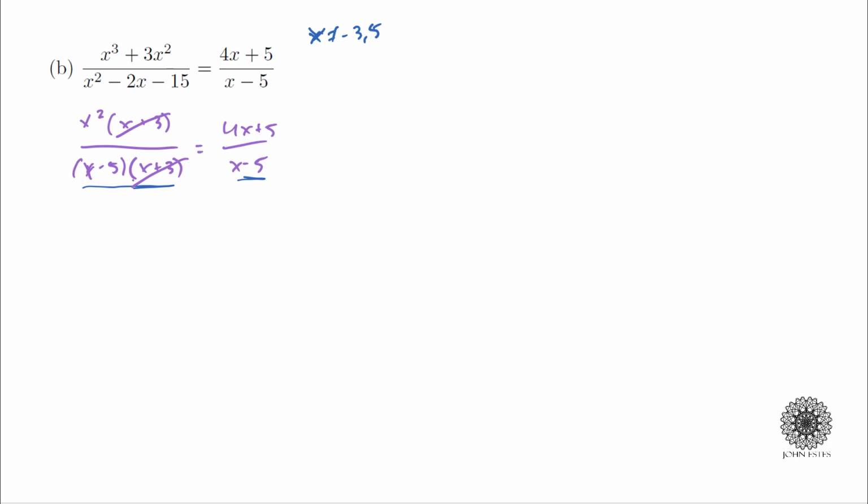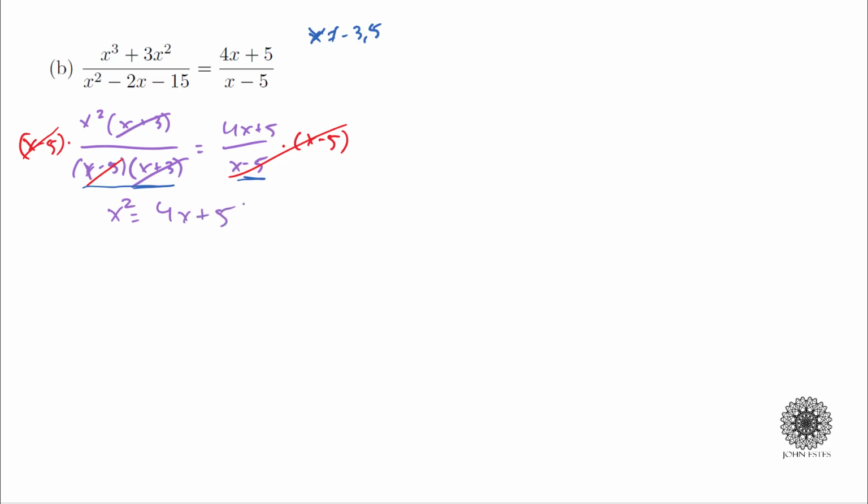So I'm left with x squared over x minus 5 equals 4x plus 5 over x minus 5. How about I multiply both sides by x minus 5? And when I do that, it's going to cancel out these denominators. And so I'm left simply with x squared equals 4x plus 5, which is just a quadratic equation.